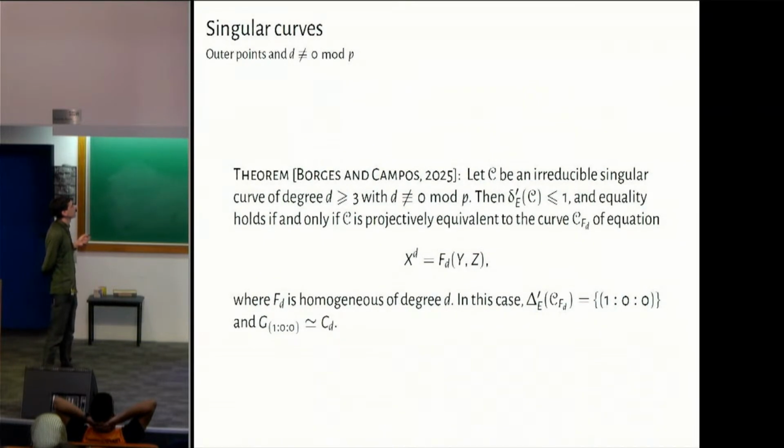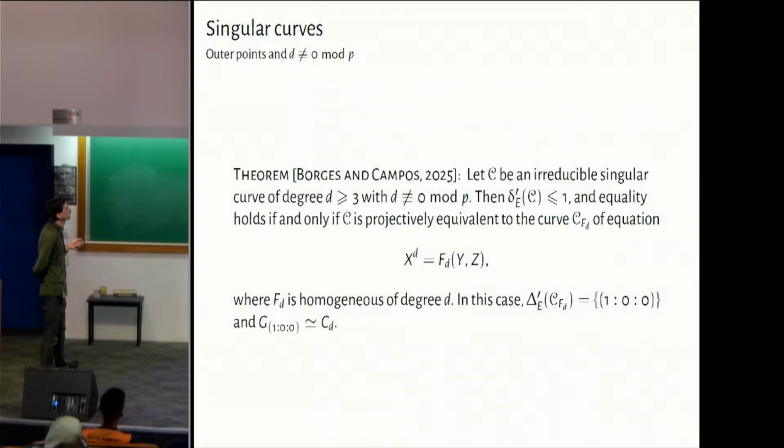Now, the first of the results I want to tell you is this one. A curve of degree at least 3, with degree not 0 modulo p, can have at most one outer extendable Galois point.